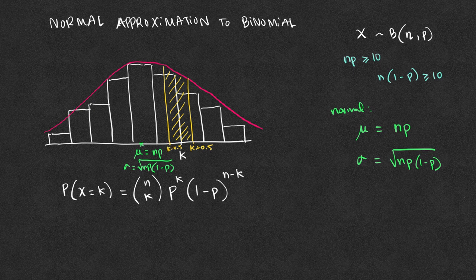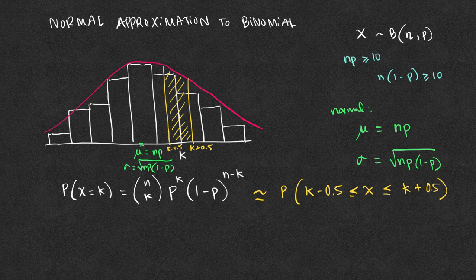And so the normal approximation for this binomial is the probability that k minus 0.5 is less than or equal to x less than or equal to k plus 0.5. For a continuous random variable, it doesn't matter whether we use less than or equal to or just strictly less than.